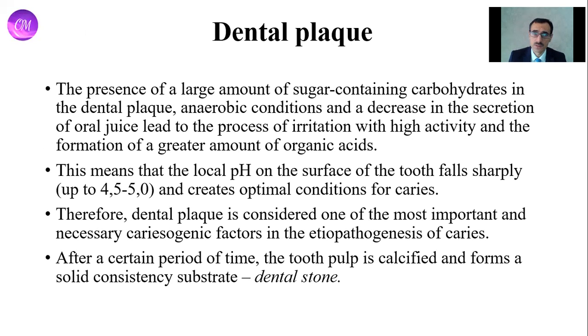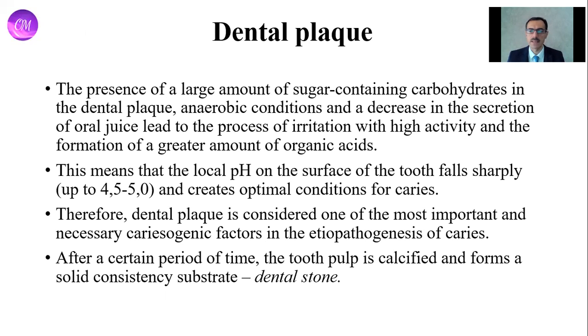The presence of a large amount of sugar-containing carbohydrates in dental plaque, anaerobic conditions, and a decrease in the secretion of oral juice lead to the process of fermentation with high activity and the formation of a greater amount of organic acids. This means that the local pH on the surface of the tooth falls sharply to 4.5 to 5 and creates optimal conditions for caries.